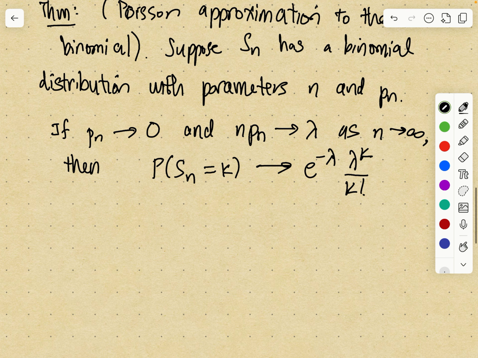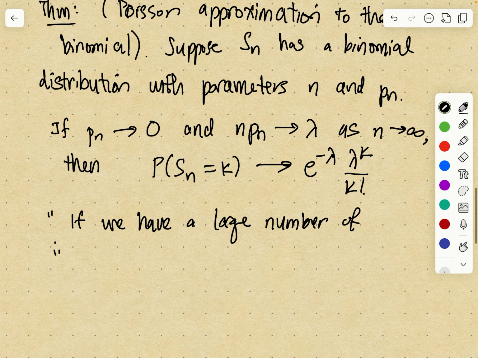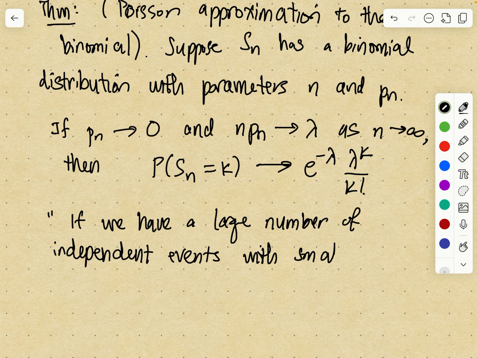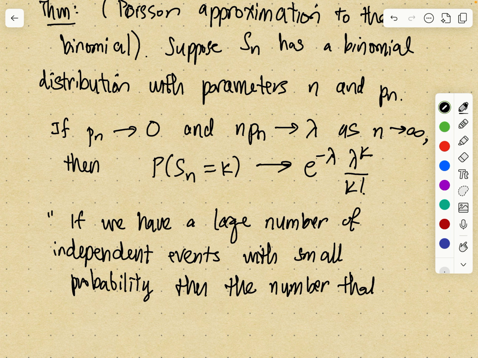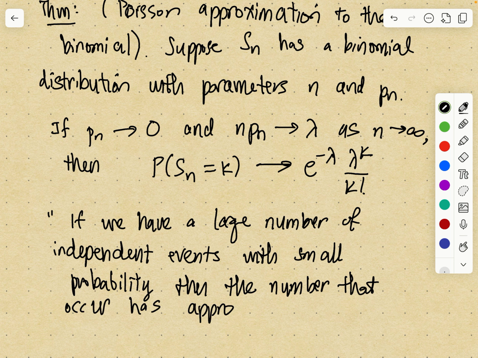So one way to think about what this is saying is if we have a large number of independent events with small probability, then the number that occur has approximately a Poisson distribution.